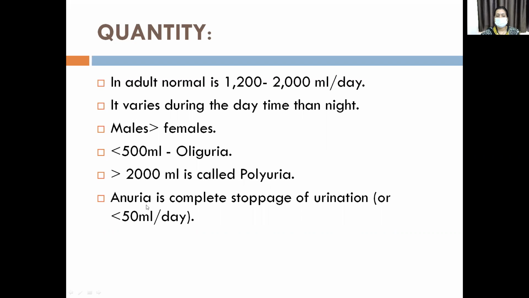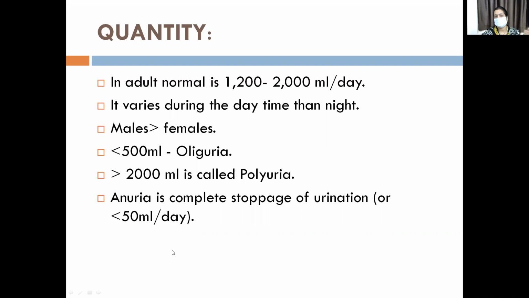Anuria is very high grade renal failure, almost like end stage renal disease, where you find a picture of very low GFR and very little urine output.